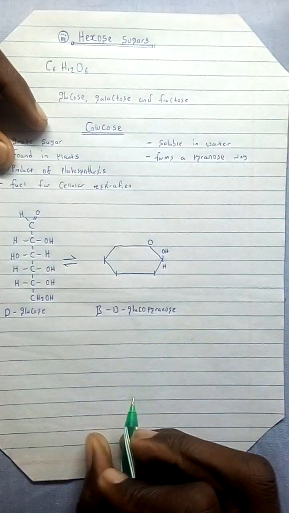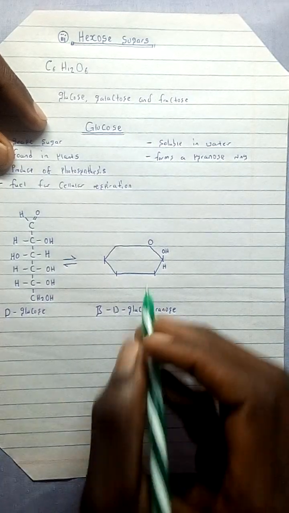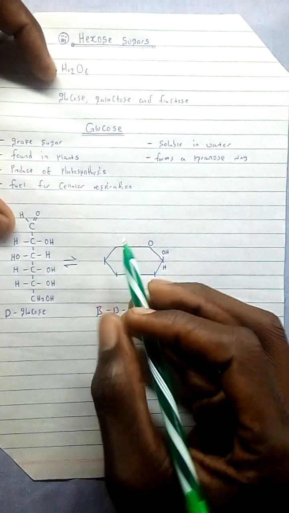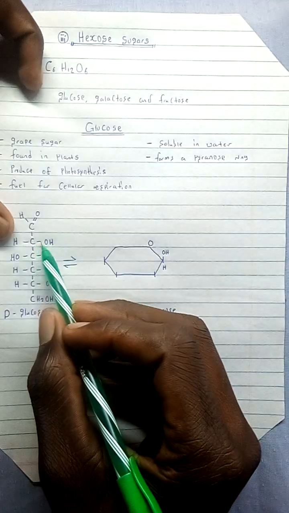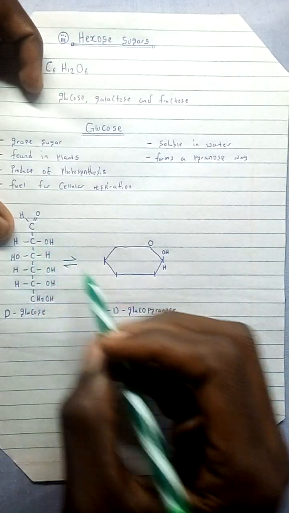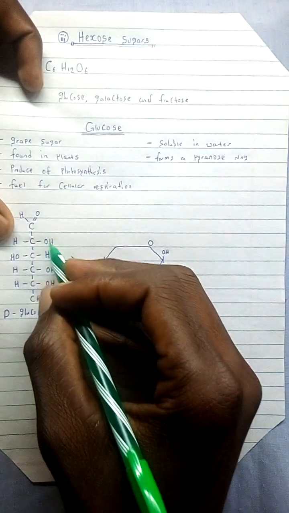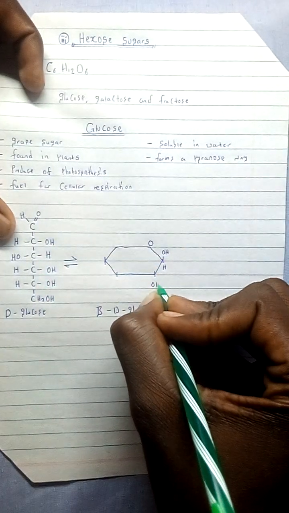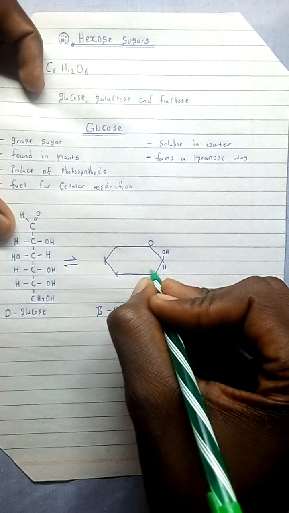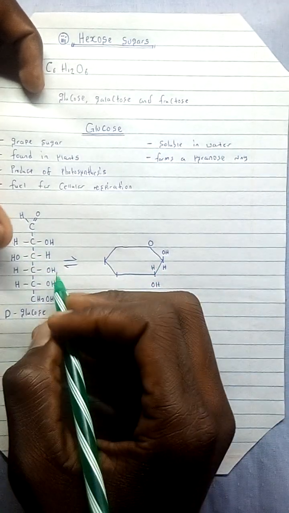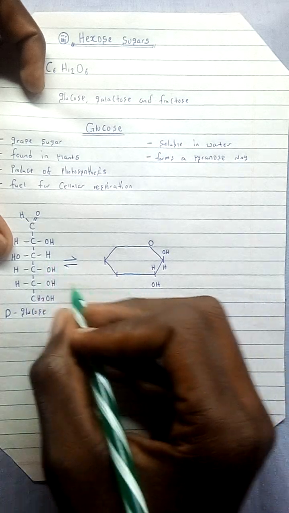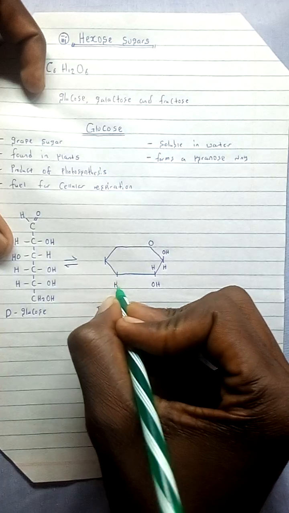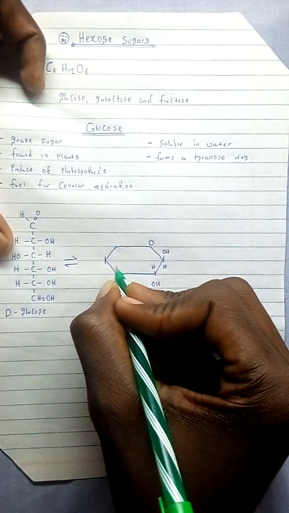All right, are we together, guys? Let's finish filling this ring. So now on carbon number 2, the OH will be outside, so the OH will be here. What will be inside is the H. On carbon number 3, here we have H, here we have OH.